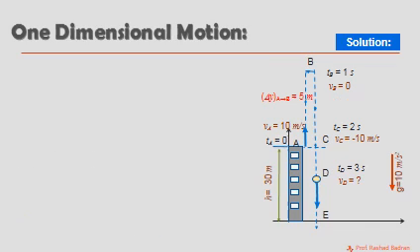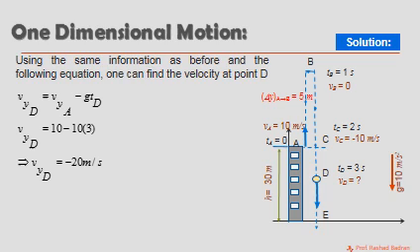To get the velocity of the ball after 3 seconds of flight, let's say at point D, we can do it in different ways, but the best way I can see is to use this equation, where we consider the final velocity at D and the initial one at point A, and the time of flight here is 3 seconds.